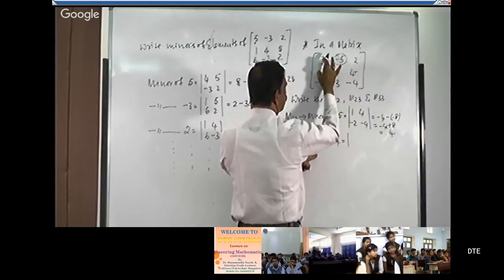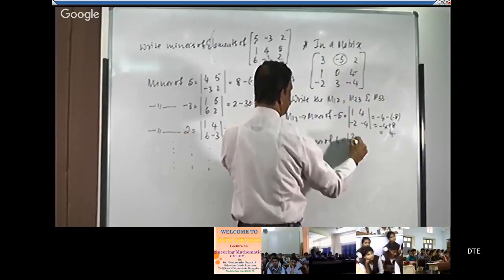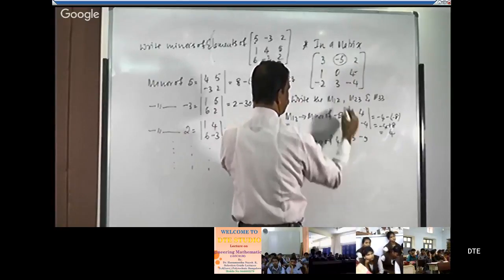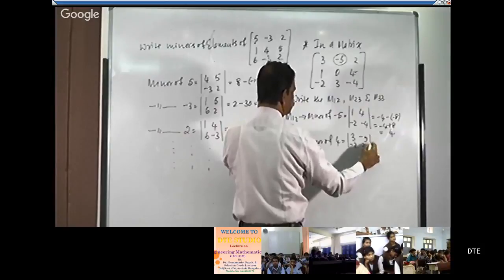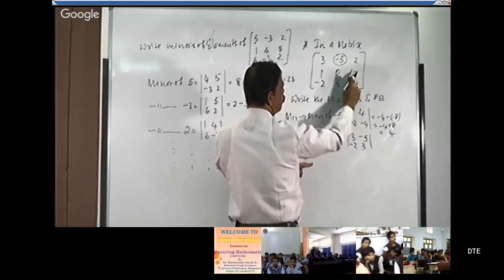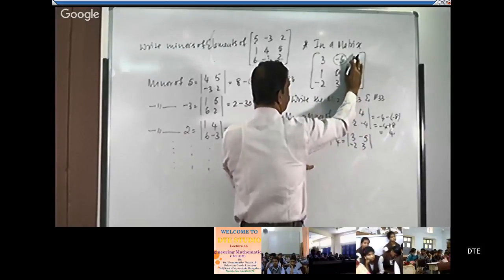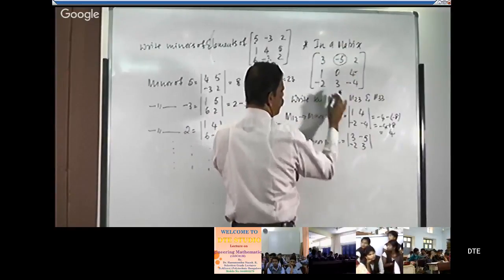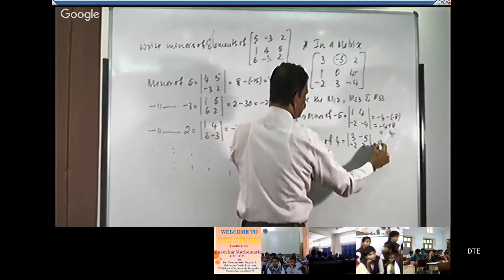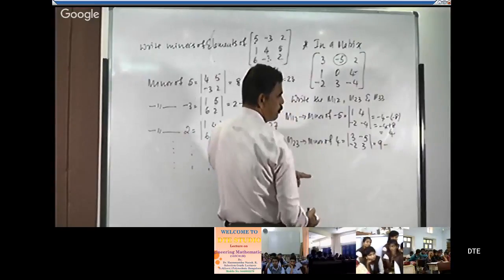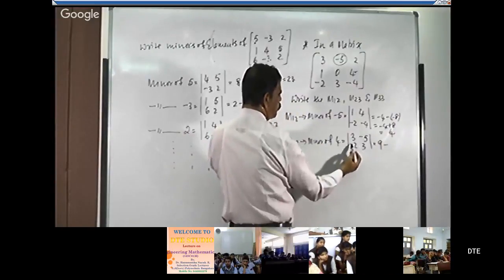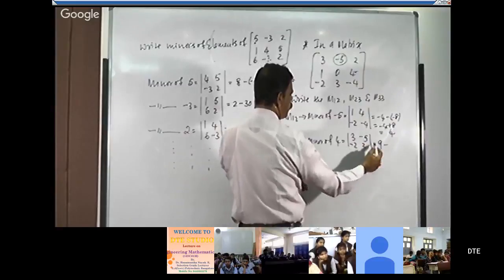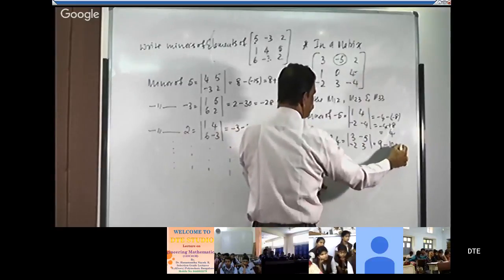Remaining elements are 3, minus 5, and minus 2, 3. Expand this: 3 into 3 is 9, minus, by multiplying these two, minus into minus is plus, 2 into 5 is 10. Answer is minus 1.